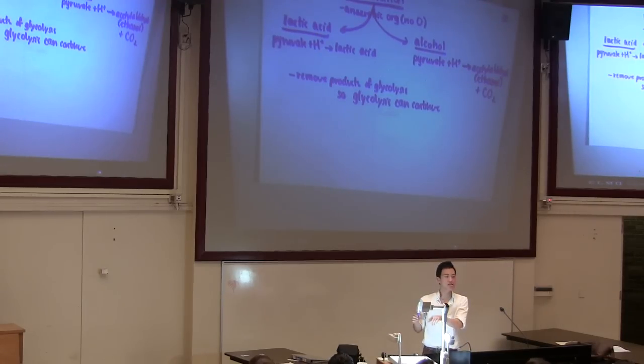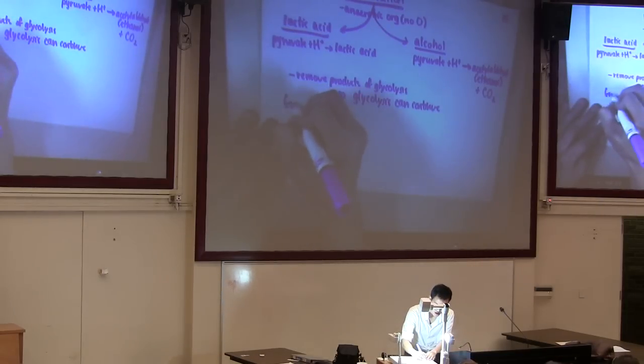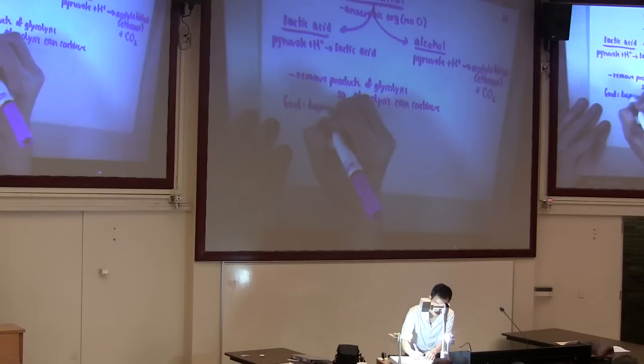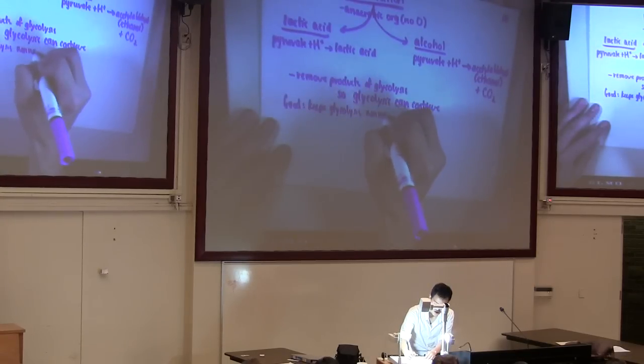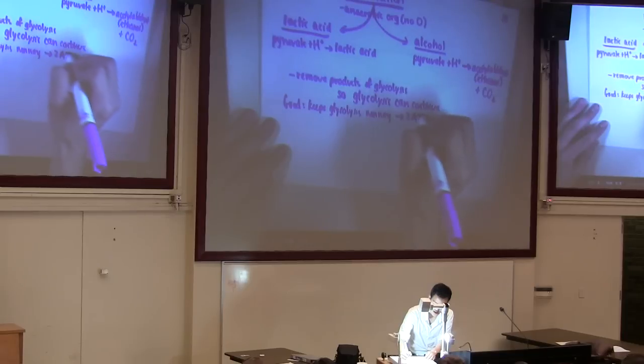So fermentation doesn't produce ATP, but it allows for glycolysis to continue, so they're still getting that 2 molecules of ATP per molecule of glucose, right? So they can survive. Okay, so it's good because it keeps glycolysis running. So you're still getting the 2 ATPs.